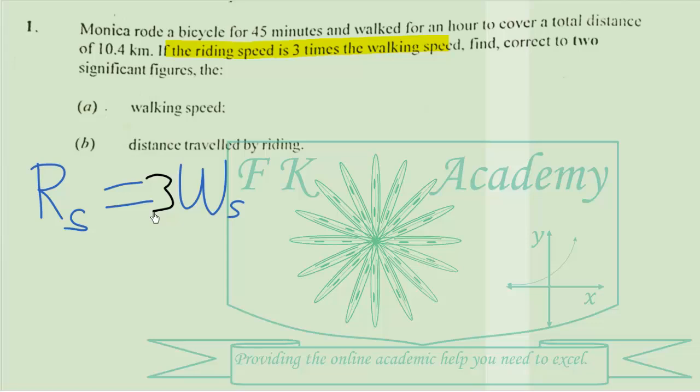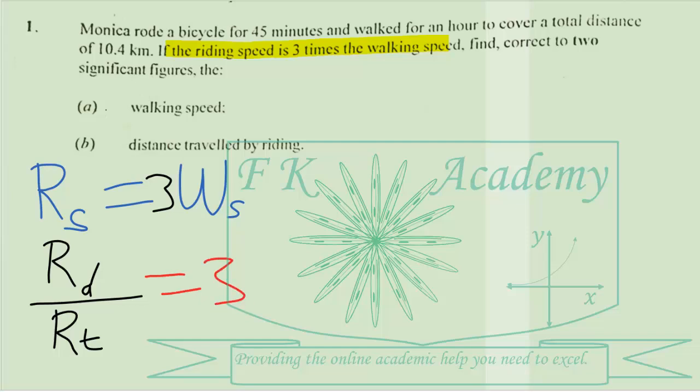We know that speed is given by distance over time taken. So the riding speed will be riding distance over riding time. The same way, the walking speed is equal to the walking distance over walking time.